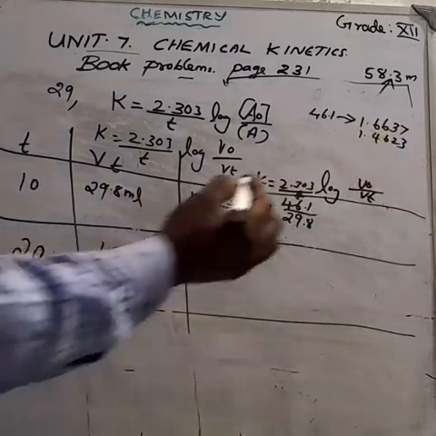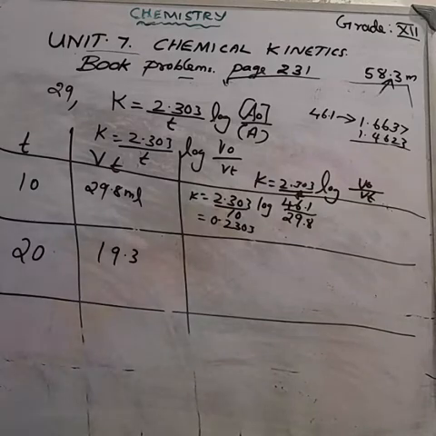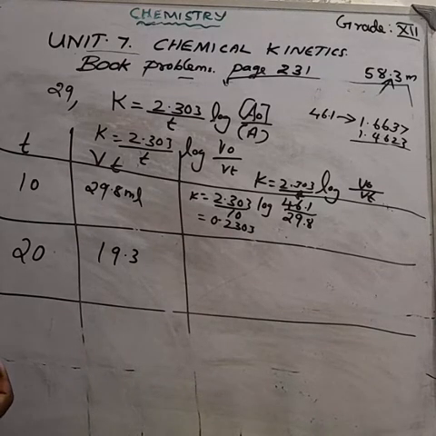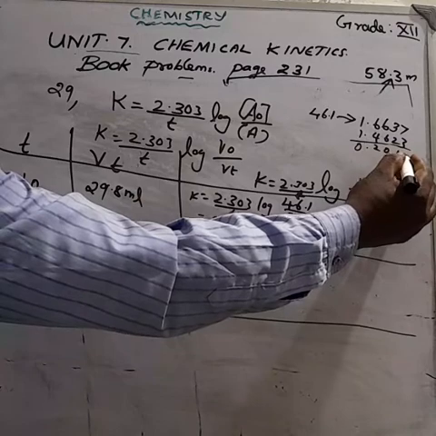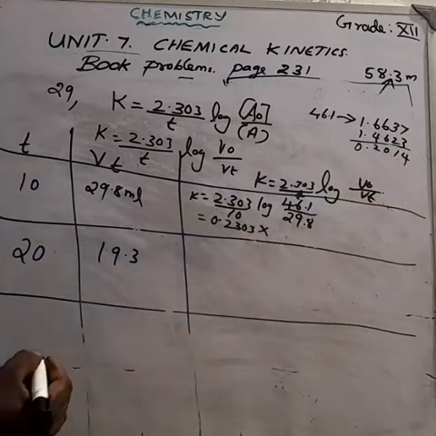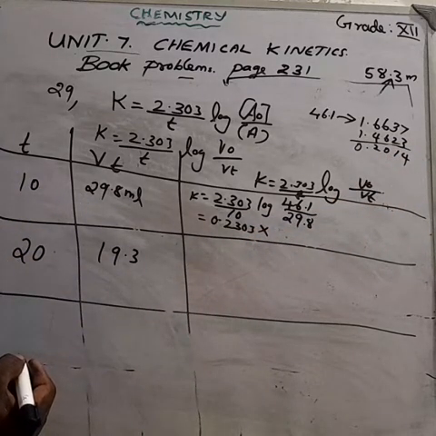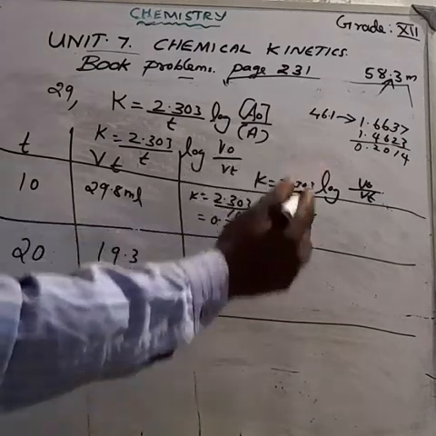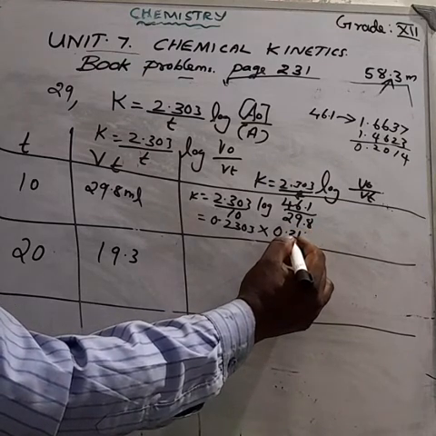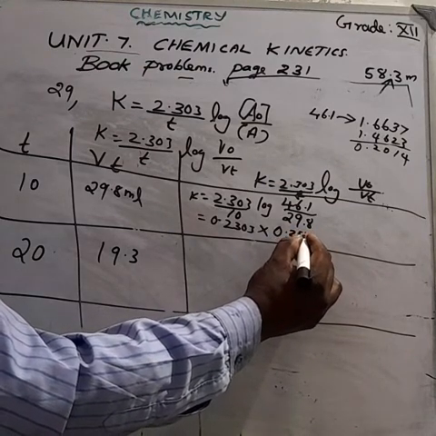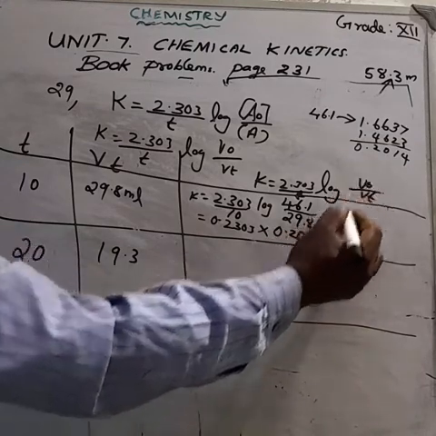Subtracting, 1.6637 minus 1.4623, I get 0.2014. Next I am going to multiply 0.2303 into 0.2014.